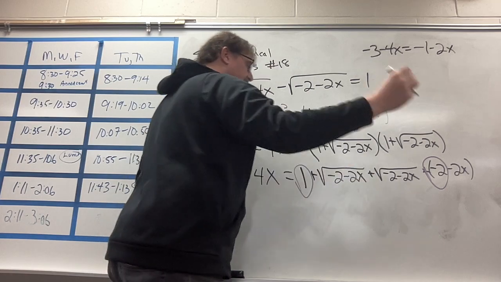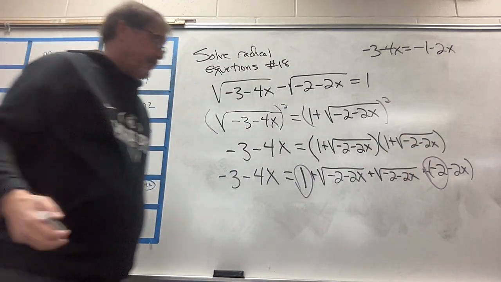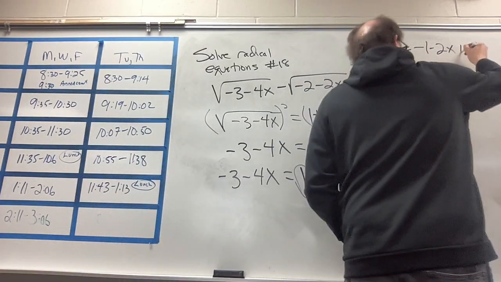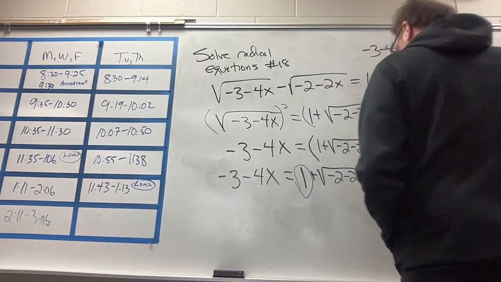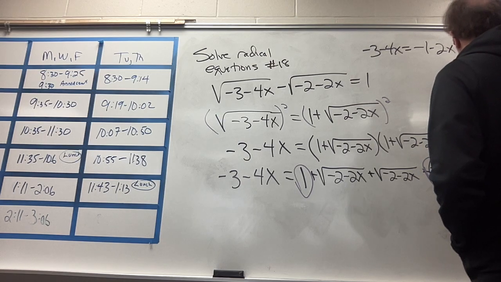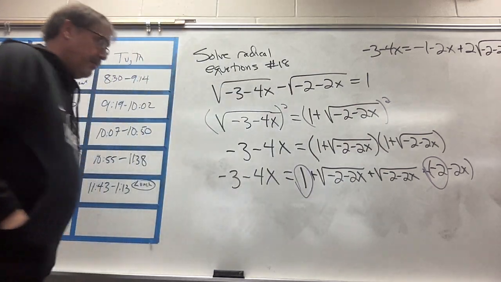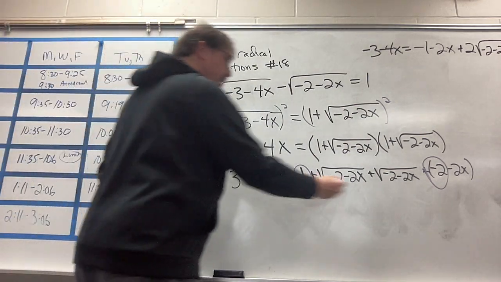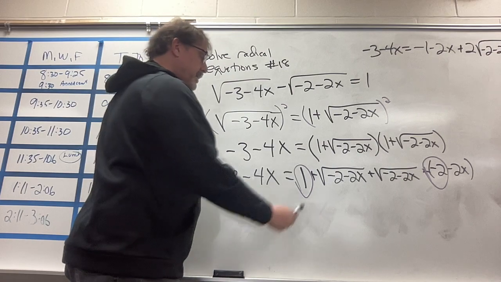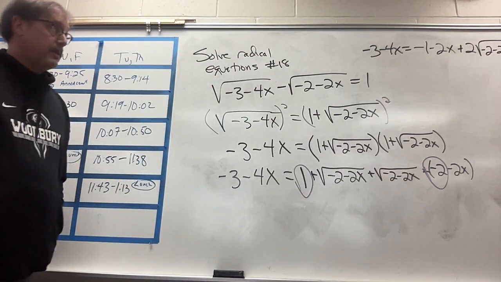I've got 1 of these and 1 of these. I've got 2 of these. Make sure no mistakes have been made. Negative 1. That negative, I had no one to hang out with.